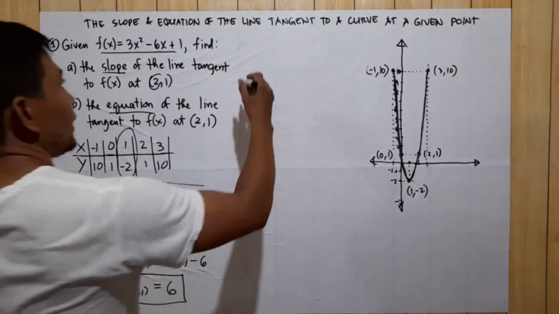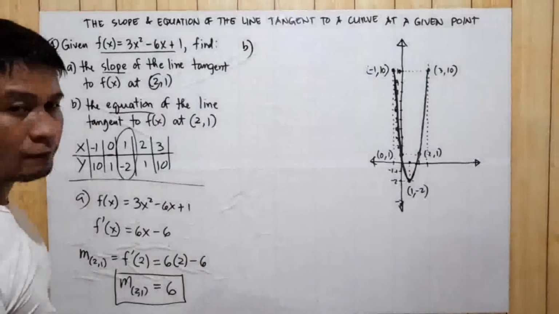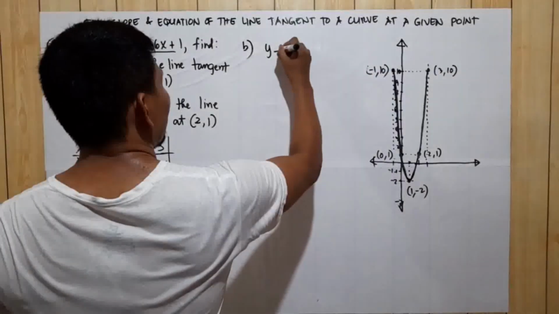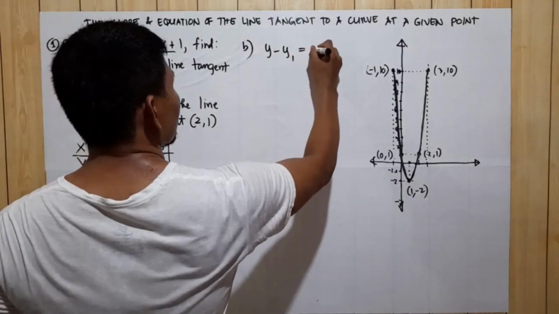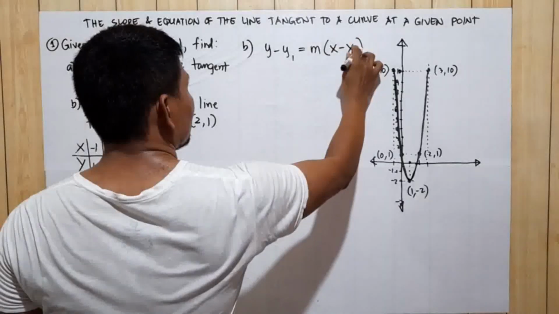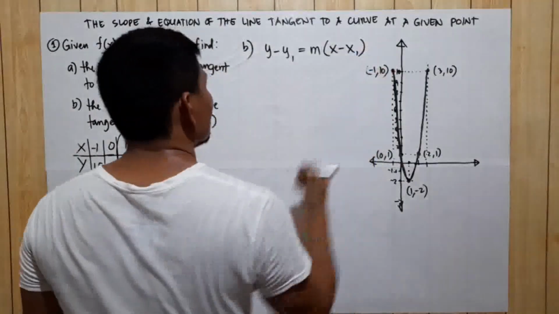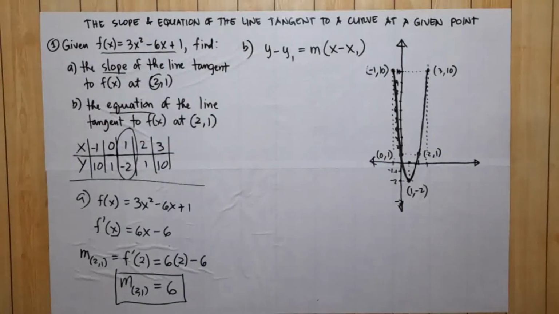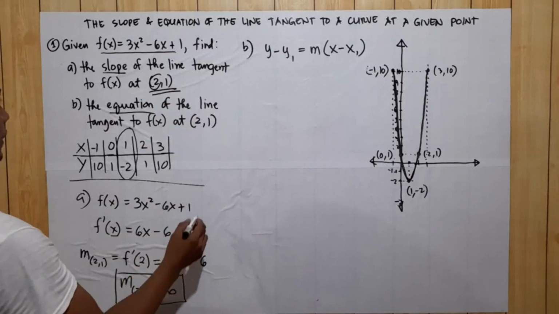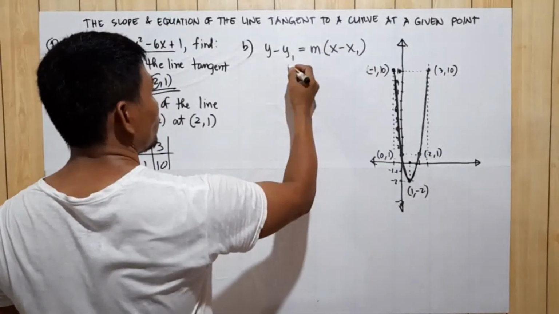So, simple lang po yan. Gamitin lang po natin ang point slope form of a line. So, point slope form of a line po is y minus y1 equals m times x minus x1. Okay? But since meron na po tayong points na given, (2, 1), it follows na meron na po tayong x1 at y1.